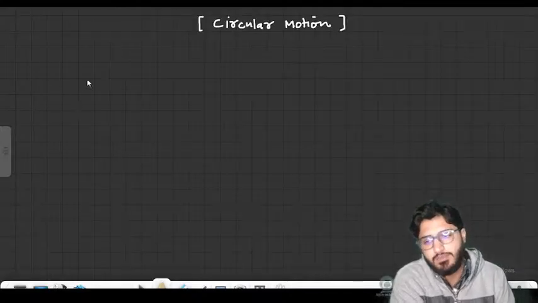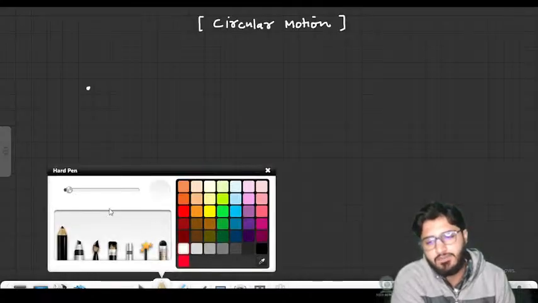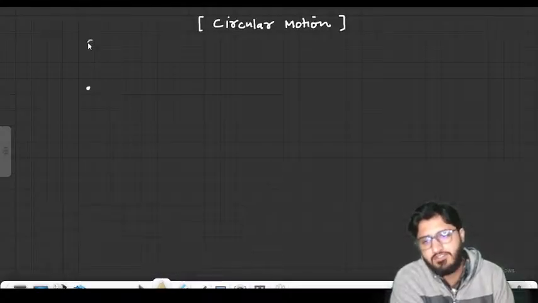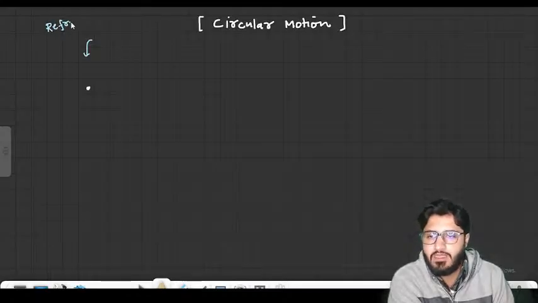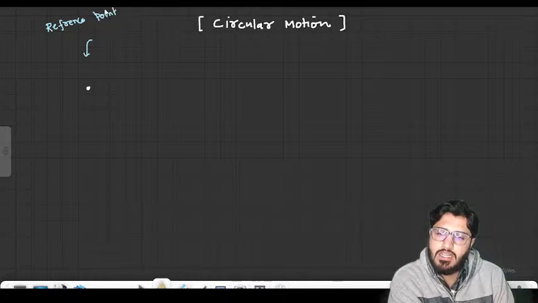Suppose this is my reference point. This reference point would be either at rest or in motion.